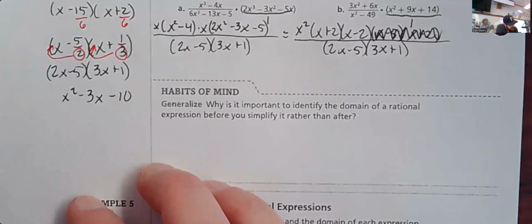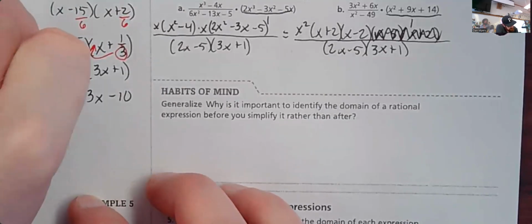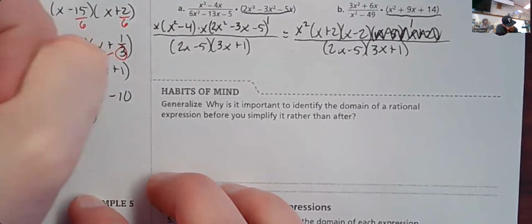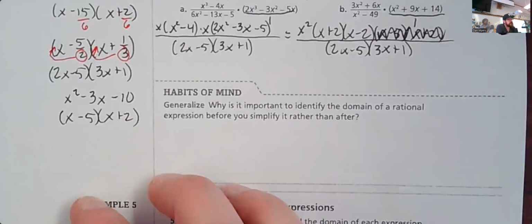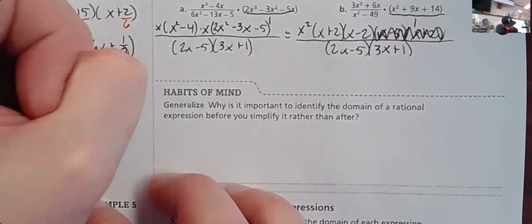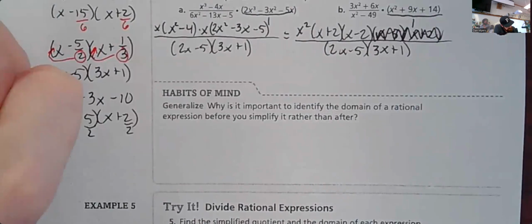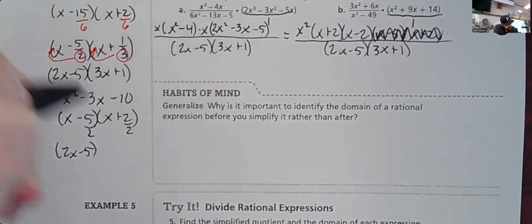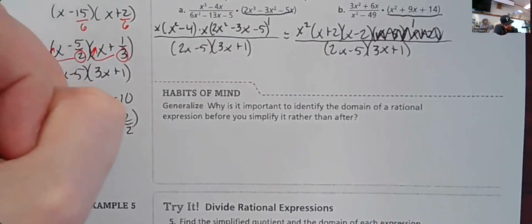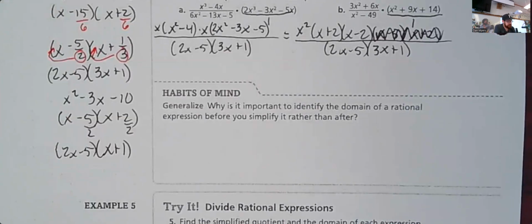Okay. And then we're going to get x minus 5 times x plus 2. Those will each divide by 2. 5 halves doesn't simplify, so that's going to be 2x minus 5. 2 divided by 2 is just 1, so that'll just be x plus 1. Sorry, I messed that one up a little bit.